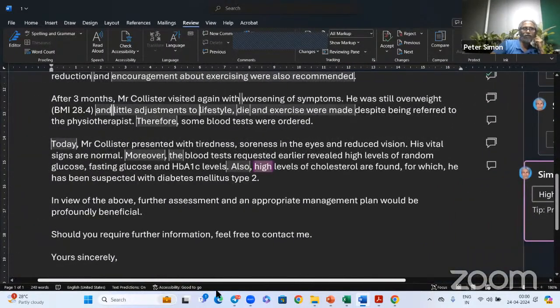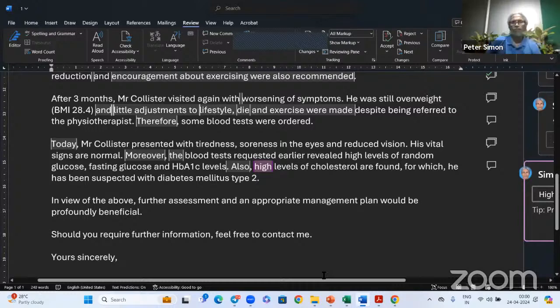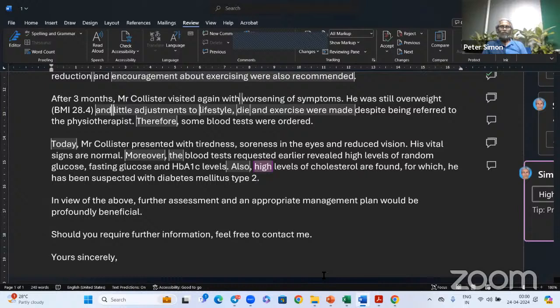for which he has been suspected with that. You can say consequently. Okay, because high levels of cholesterol are found, or separate: diabetes mellitus type 2 has been suspected.